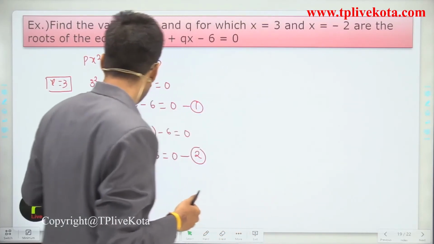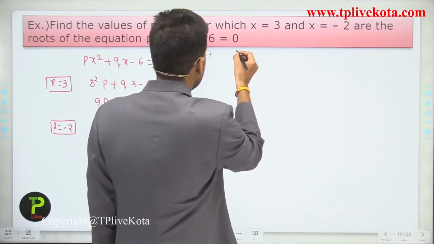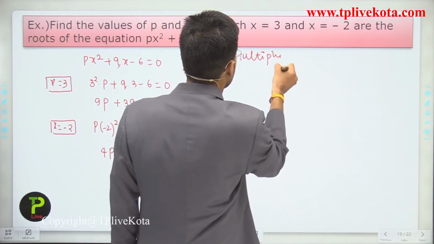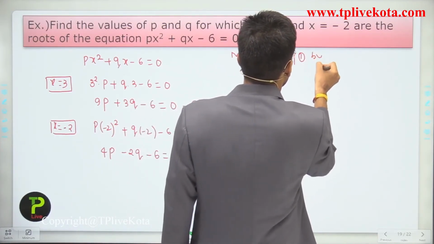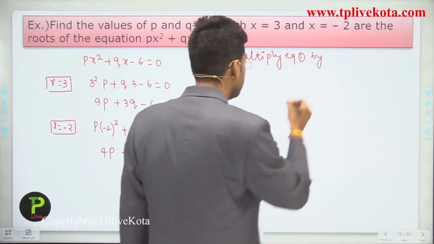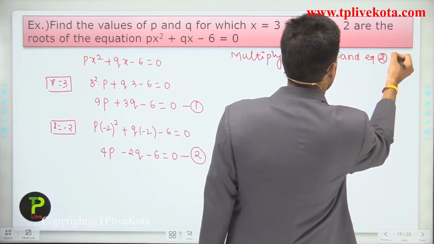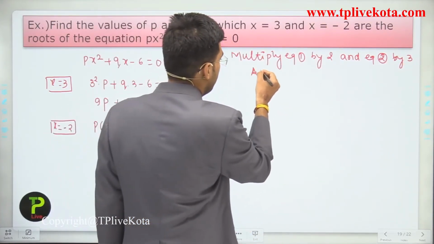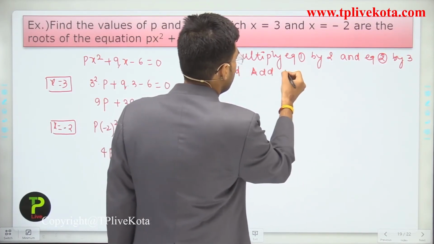Here we have 3q and here we have -2q. So first of all, multiply equation 1 by 2 and equation 2 by 3 and add them.